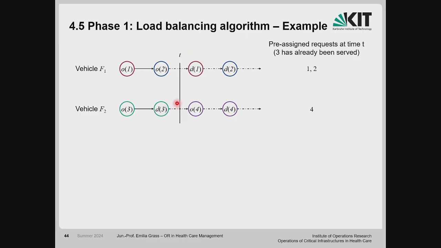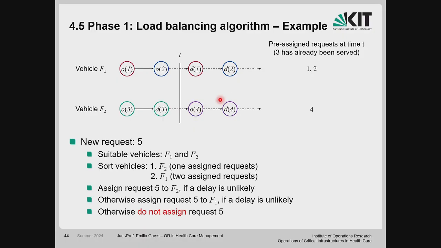But the second vehicle is free. So the plan is actually to pick up the 4th patient here and deliver them here. But now a 5th request comes in. Okay, and we know we have 2 vehicles, 1 and 2. And we know that this is the first step we do.